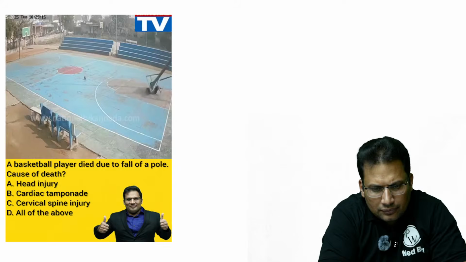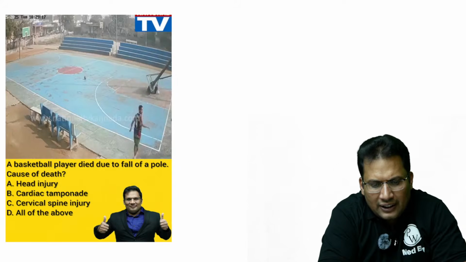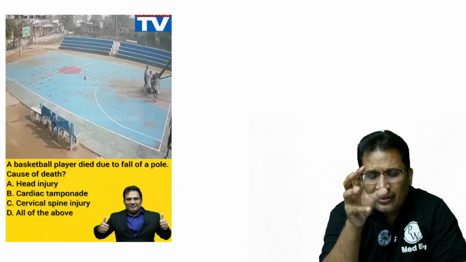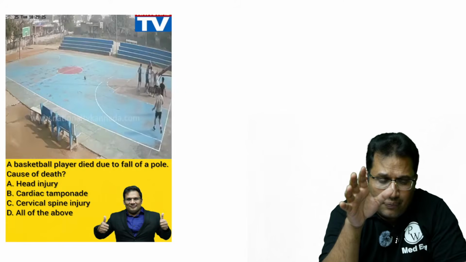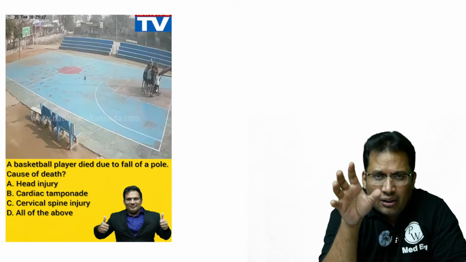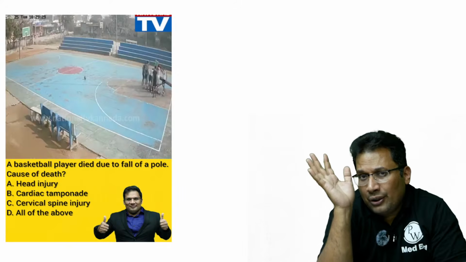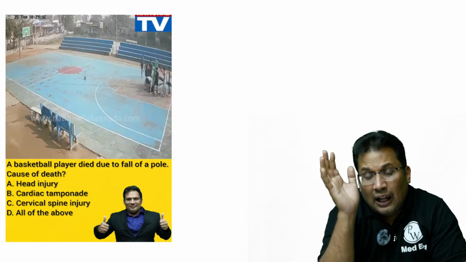So now you can see here there is a fall of a pole directly into his chest. So there can be head injury, cardiac tamponade, or cervical spine injury also. That we will confirm during postmortem examination. So time being, the correct answer is all the above.